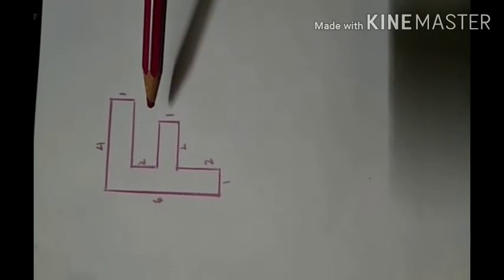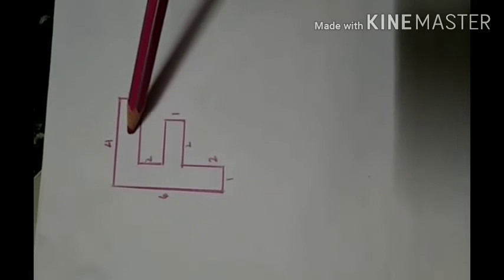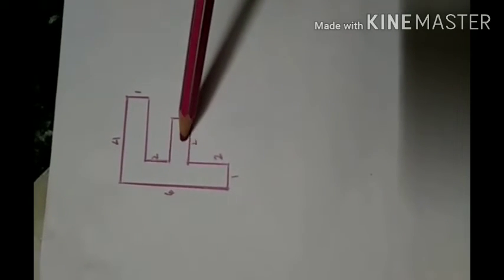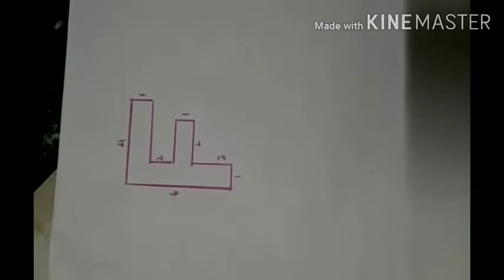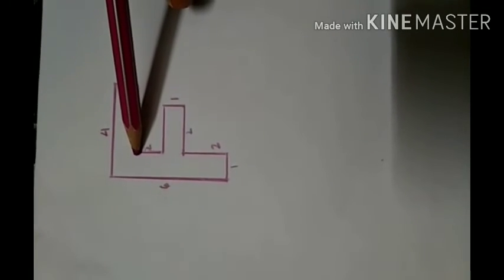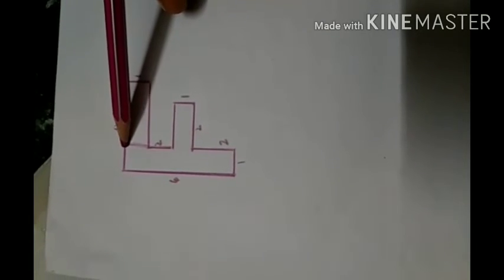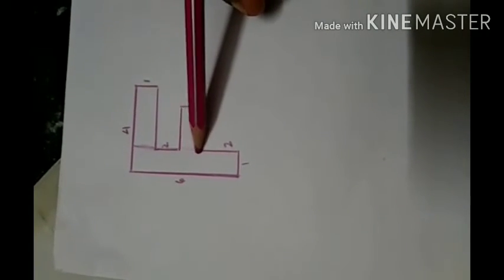Here we have a figure H and we need to find the area enclosed within this figure H. As usual, we'll break it up into small rectangles. One along this line and along this line. So we have 3 component rectangles.